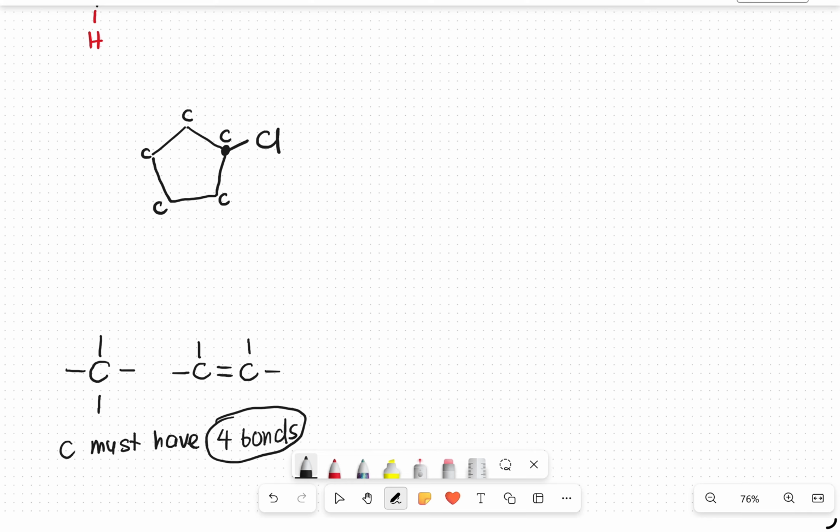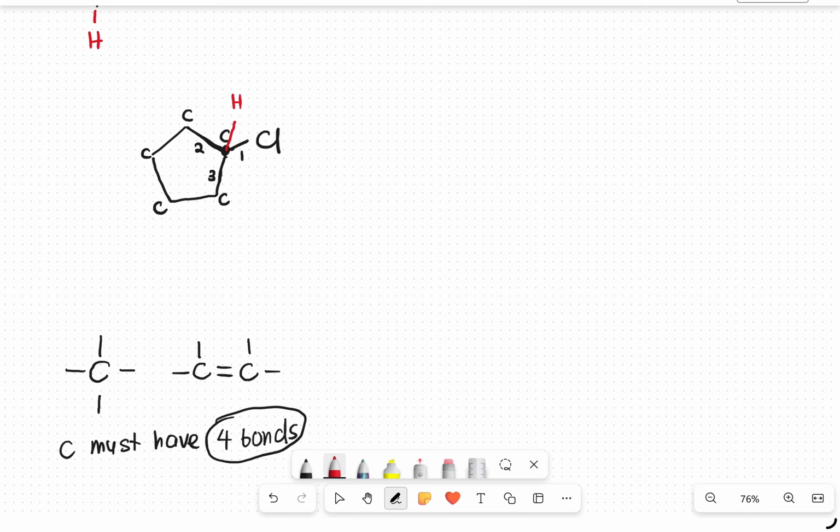For this carbon, look at the bonds: 1, 2, 3. So where is the other bond? It means that one is an invisible H. We don't draw the hydrogen because it is invisible in the cyclic structure.